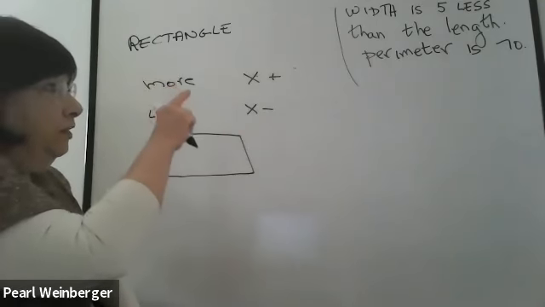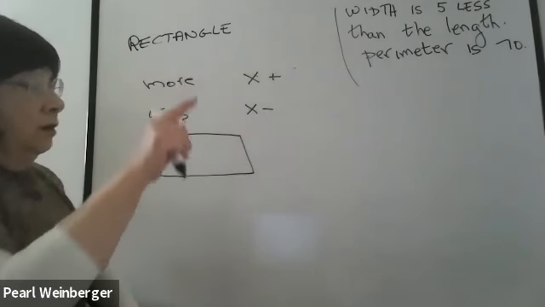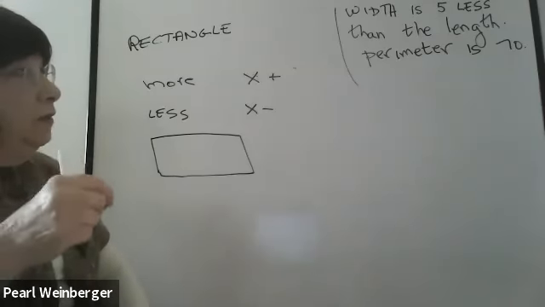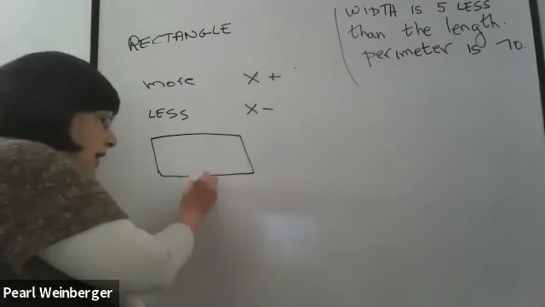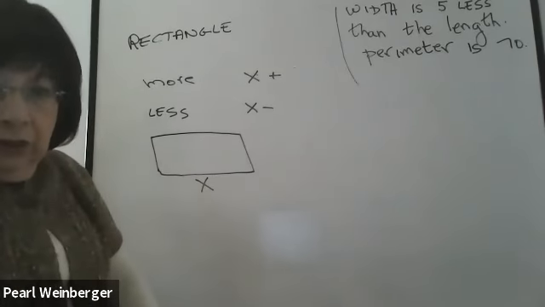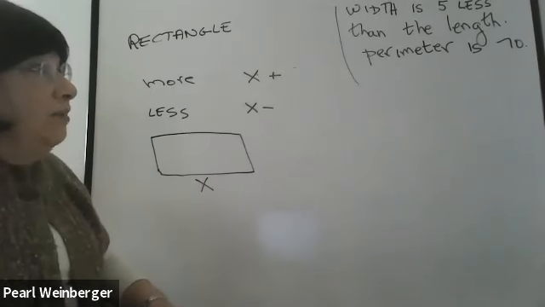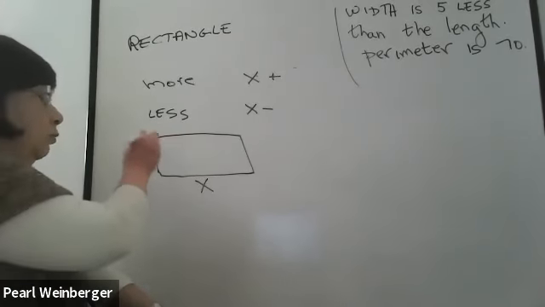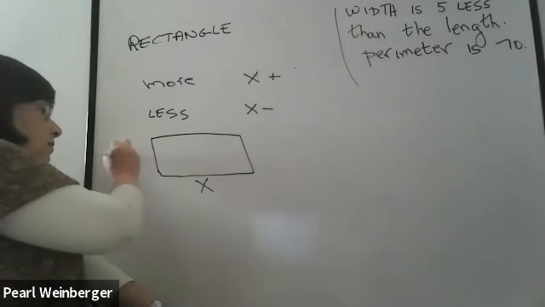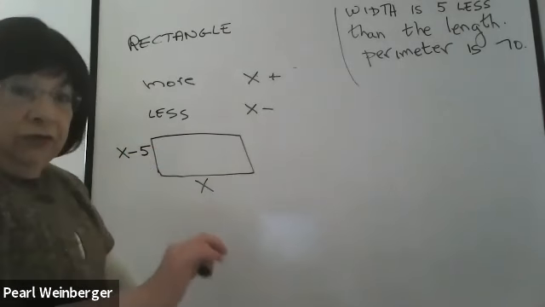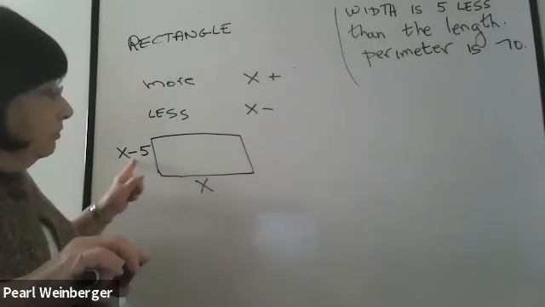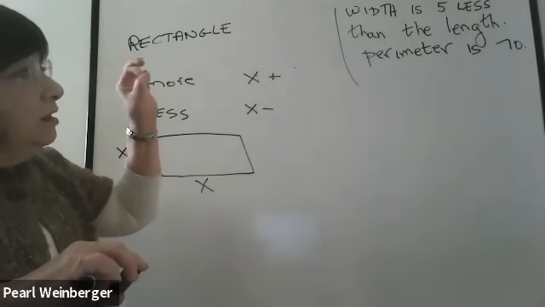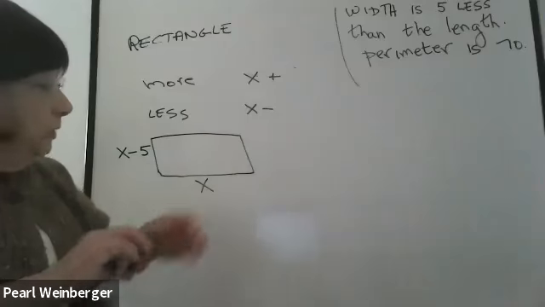We don't know anything about the length, so let's call the length X. And the width is 5 less than the length, so the width is going to be X minus 5. Remember, you have to write the X first and then subtract the 5. Subtract means minus 5. The 5 is being subtracted from the X.